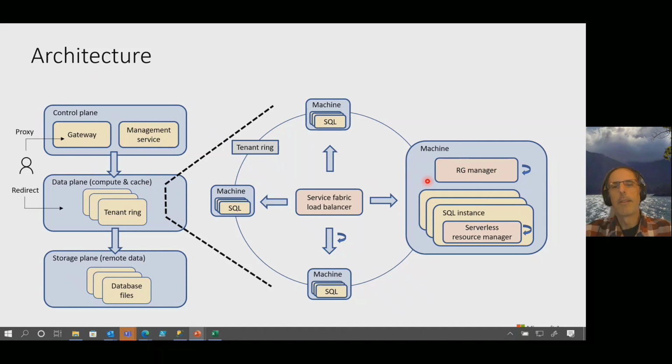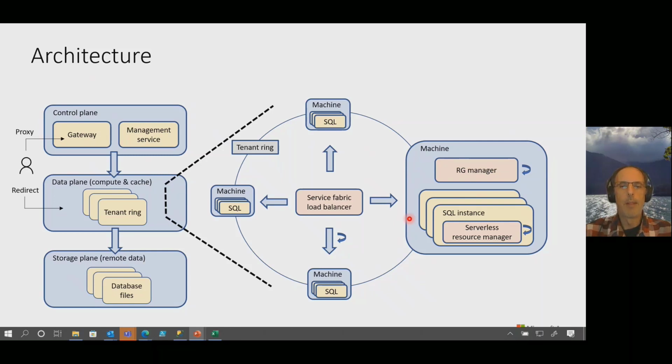Now, it could be the case that the machine itself is overloaded. There are no cooler cores to be found. Under those conditions, the service fabric re-enters the picture, will identify a different machine in the ring with sufficient capacity to handle that scaling operation, and then orchestrate the repositioning of one of those serverless databases from the hot machine to the cooler machine.